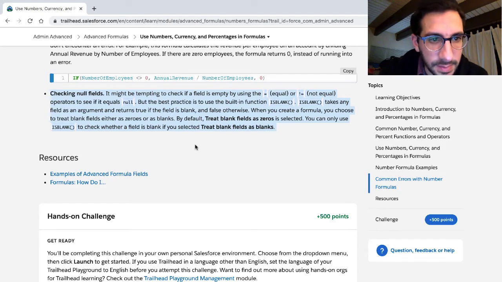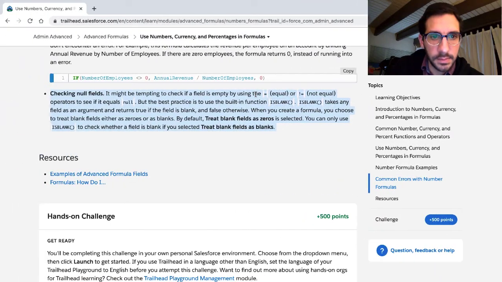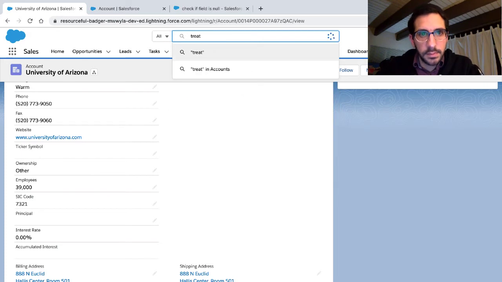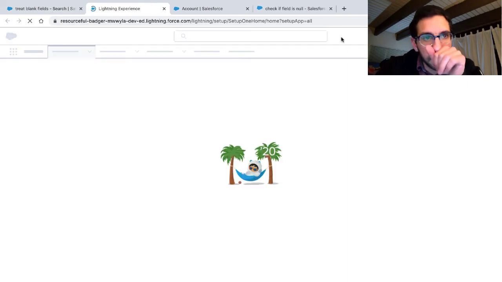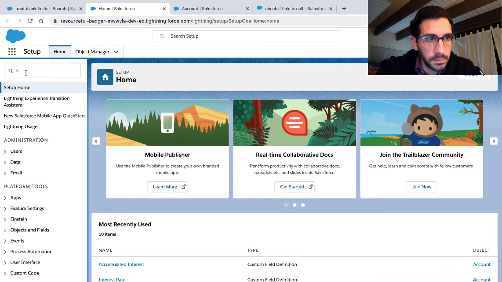You can use ISBLANK to check whether a field is blank if you selected treat blank fields as blanks. Where is that?